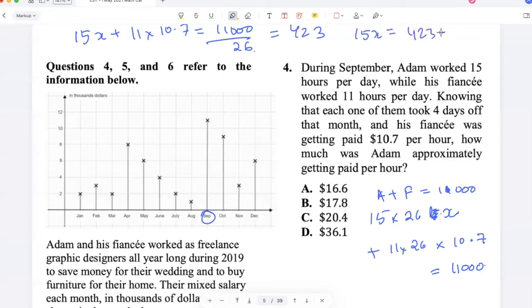So 423 minus 117.7. So x is 423 minus 117.7, that divided by 15. So it's about 20.4, option C.